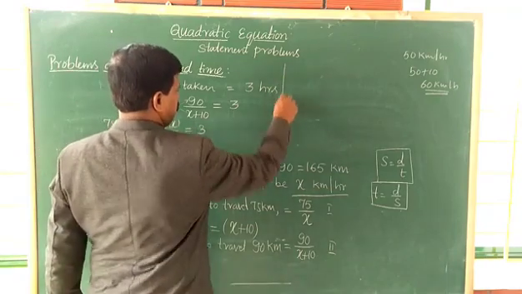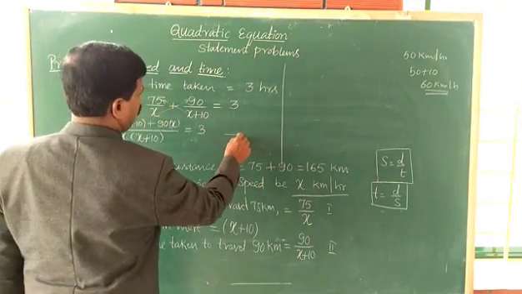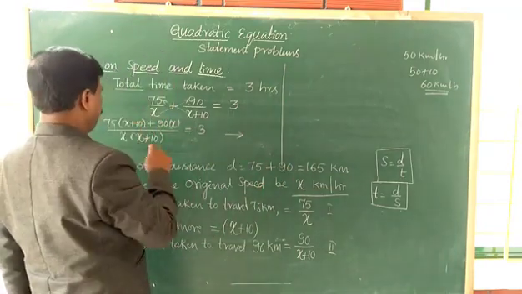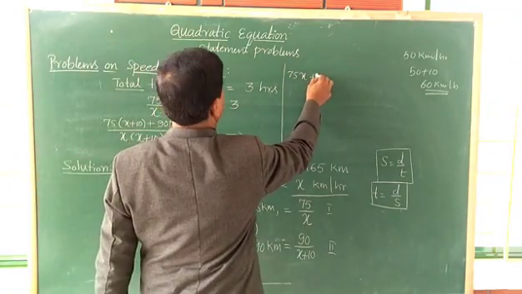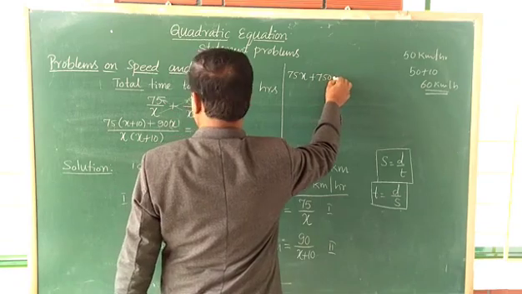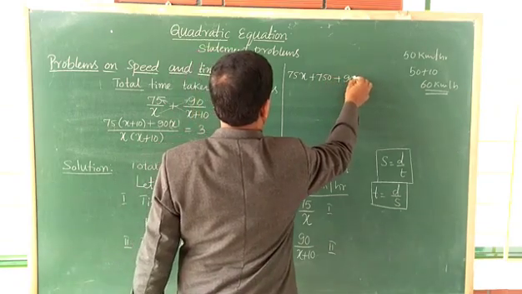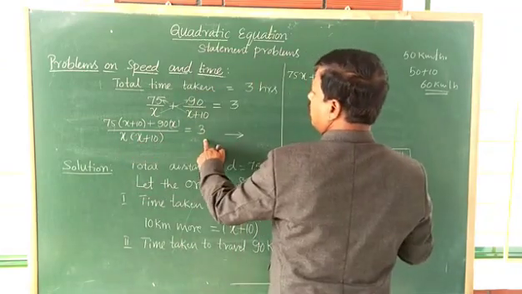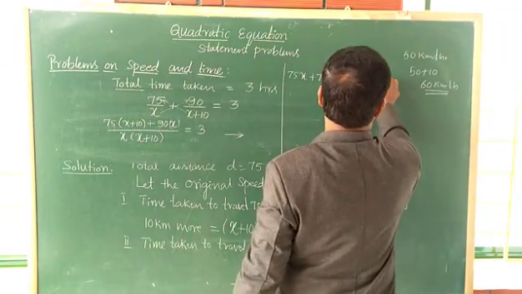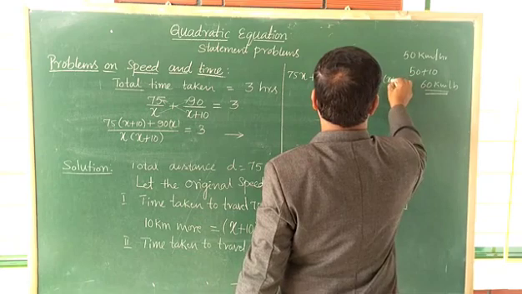Continuing, 75x plus 750 plus 90x is equal to, now cross multiply this, 3x into x plus 10.